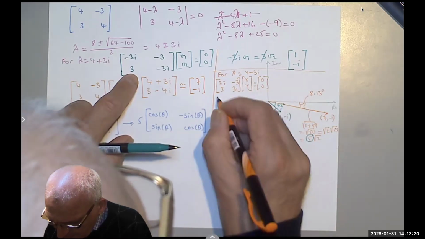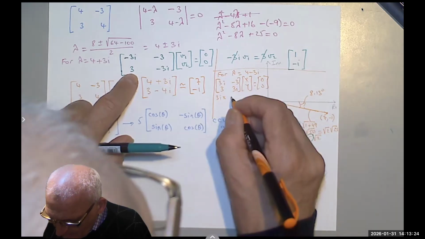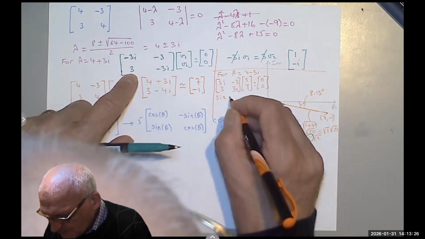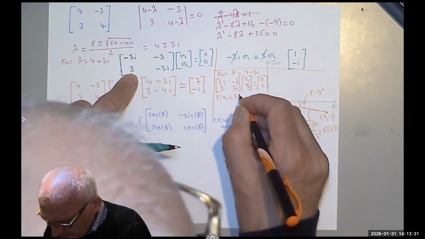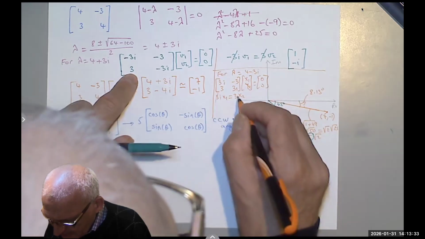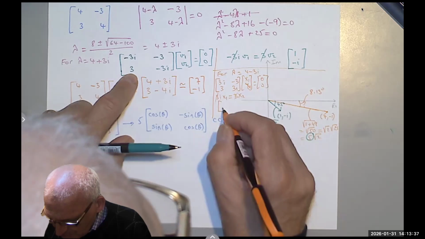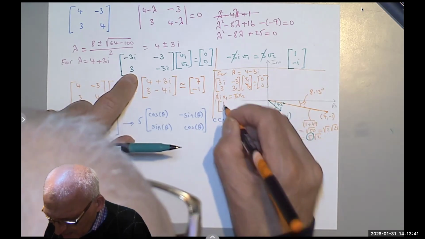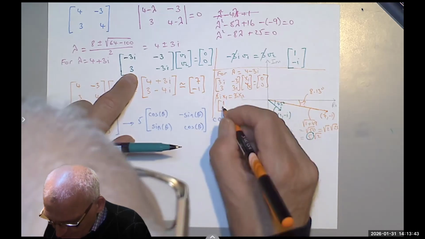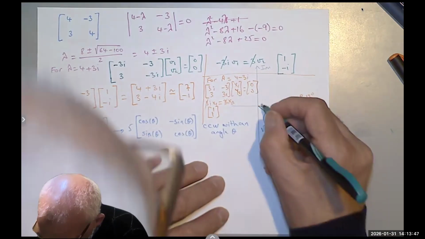So you would have 3i x1 minus, meaning I move it to the other side, it becomes 3x2. Dividing by 3, you will get x1 is 1, and x2 is i times 1, so it's i. 1 and i would be here.